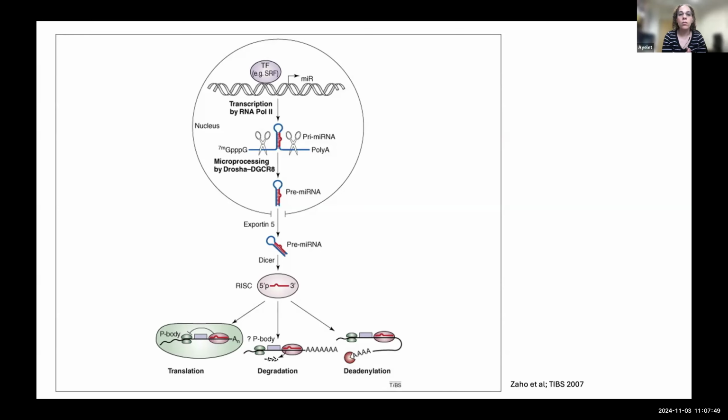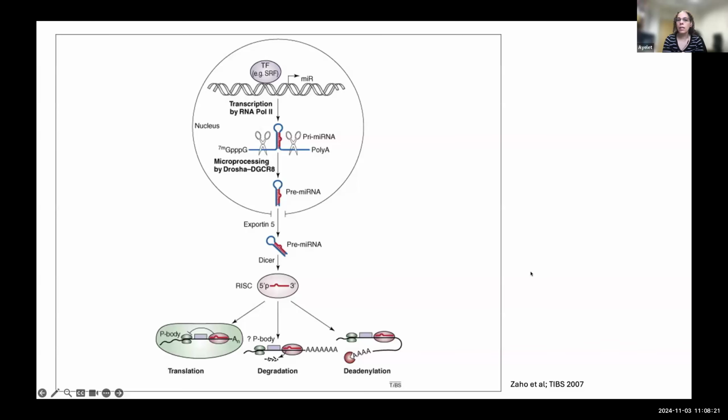And because of their small nature, they're also extremely stable in their structure. So we can use them now for many processes for diagnostics and identification. But again, because of the small size and incomplete alignment with the 3' UTR, it's really hard to identify their targets and basically identify them.